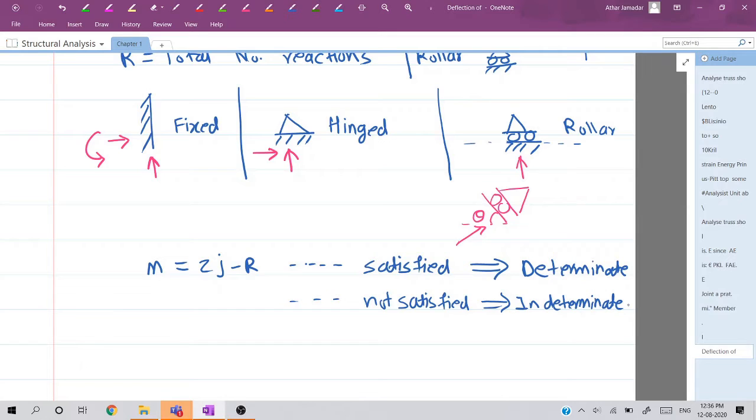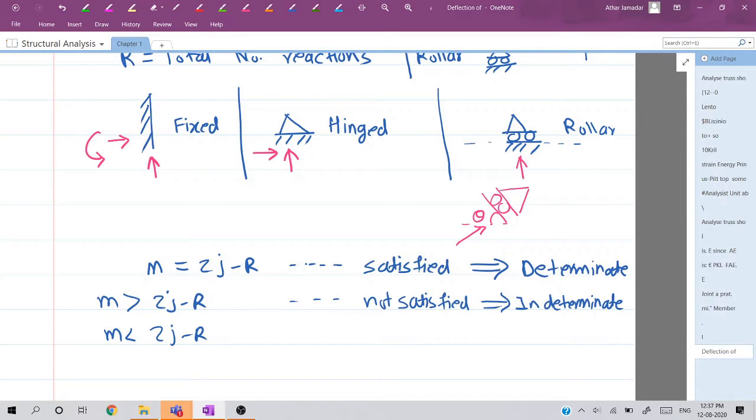So in the non-satisfied case, there will be two cases. The first case is m greater than 2j minus r, and the second case is m less than 2j minus r.